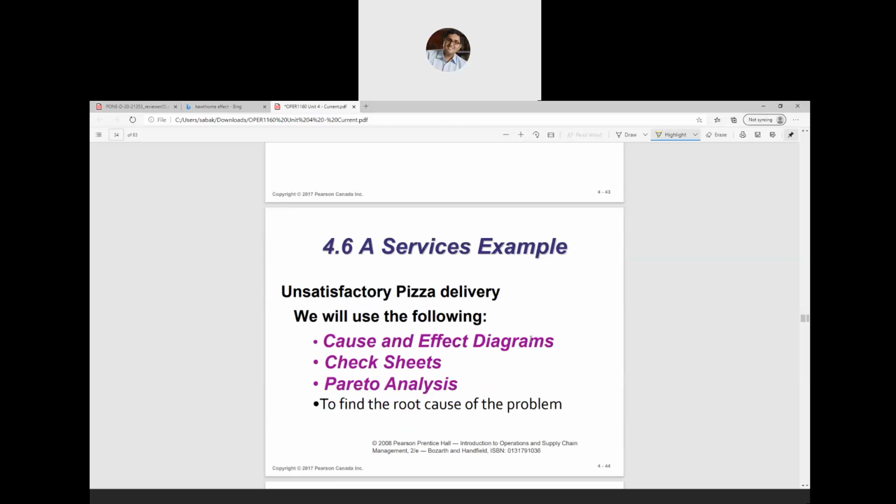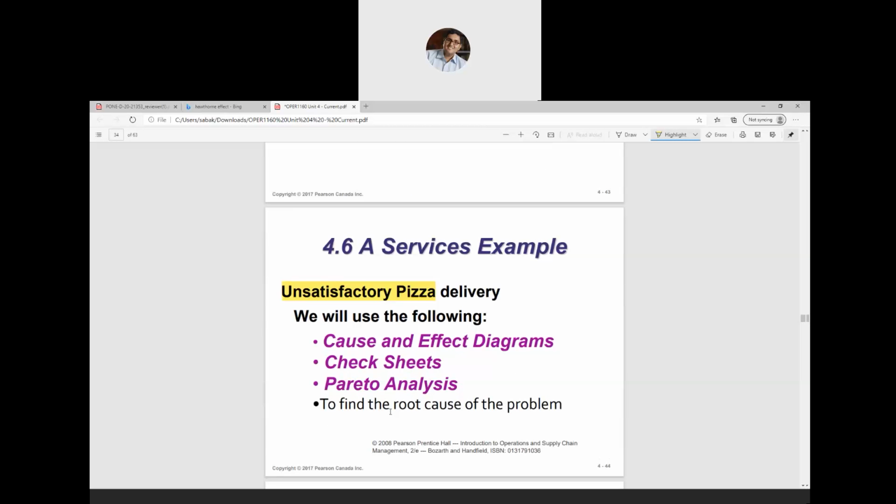You can use different tools for analyzing the reason for an unsatisfactory pizza. In this example, we will be using the cause and effect diagram, we will be looking at check sheets, and we will also be seeing how the Pareto analysis can be used.